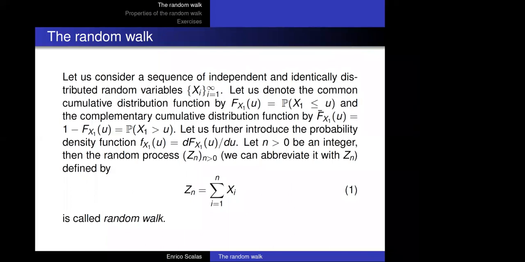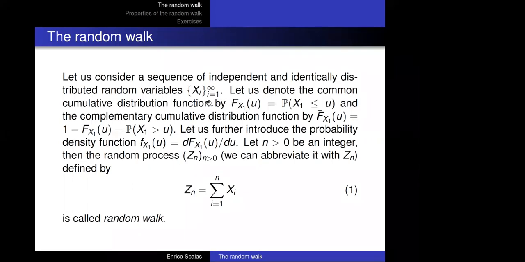So you have a sequence of independent and identically distributed random variables, Xi from 1 to infinity. And because they are identically distributed, you are interested just in the distribution of X1, and the distribution of X1 will be the distribution of X2, of X3, and so on. So they will all have the same distribution.